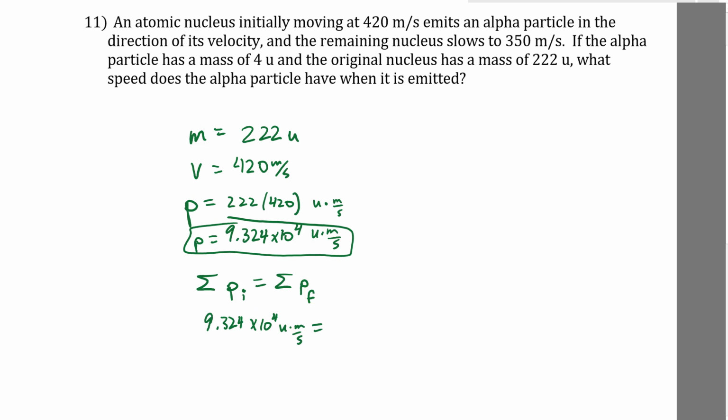Well, after the emission, there's two things. And so the momentums of those things will be m1 times v1, let's say, plus m2 times v2. Let's say m1 is the new nucleus, and m2 is the alpha particle.